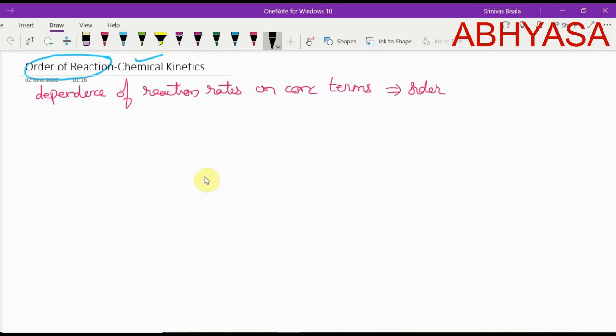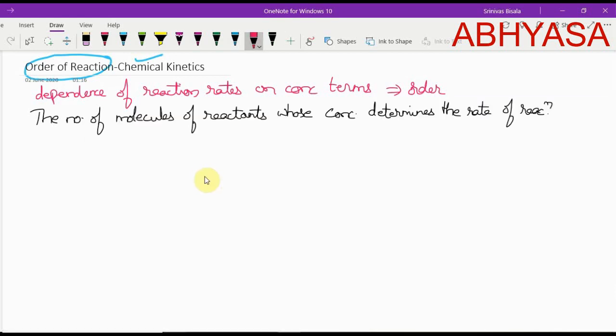Let's understand the definition. It is defined as the number of molecules of reactants whose concentration determines the rate of reaction. I repeat the definition.